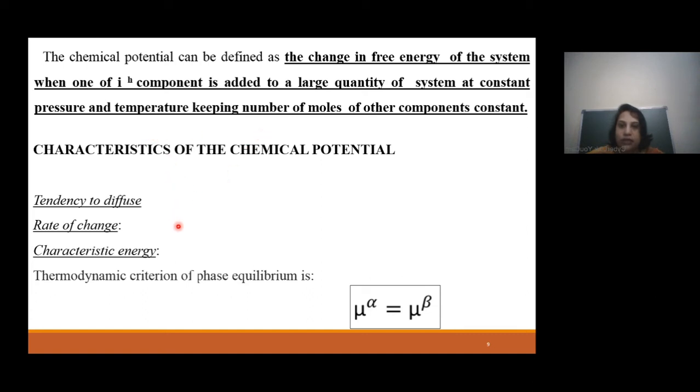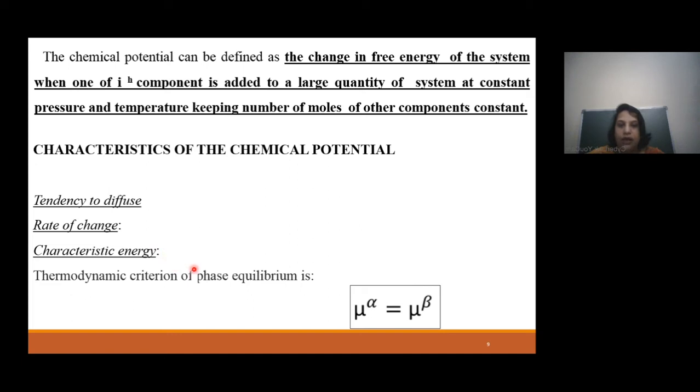What are other characteristics of this chemical potential? It has a tendency to diffuse, meaning it is the tendency of particles to escape or diffuse into the atmosphere. This is when carrying out a reaction and a thermodynamic function. It determines the balance of this. This is the energy change experienced by the system by adding a particle when it is at constant volume and entropy.